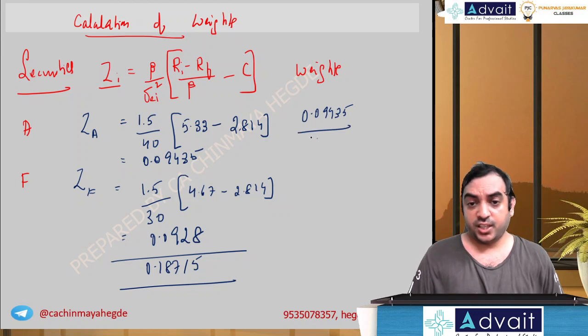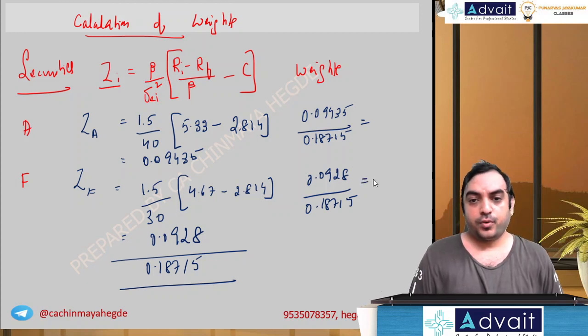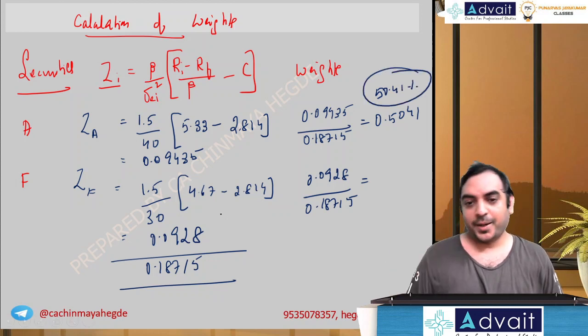Okay. Calculate the weights. 0.09435 divided by the total, 0.18715. And 0.0928 divided by 0.18715. So 0.09435 by 0.18715 is 0.5041. 0.5041 means 50.41% when multiplying by 100.